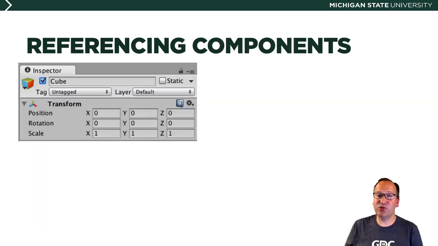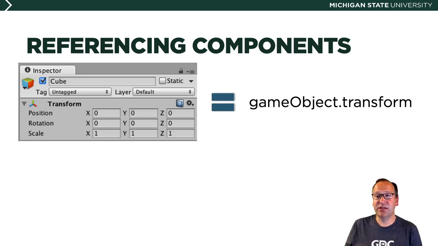Once we have a reference to a game object, we often want to modify a component of that game object. Every property that you see in the Unity editor for a component can be referenced and often modified through code. For example, let's say we want to move a game object along the x-axis. We can do this through its transform. In code, we can reference the transform of a game object through the transform property of the game object, or gameObject.transform.